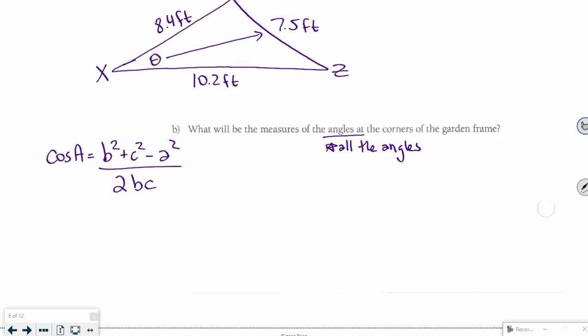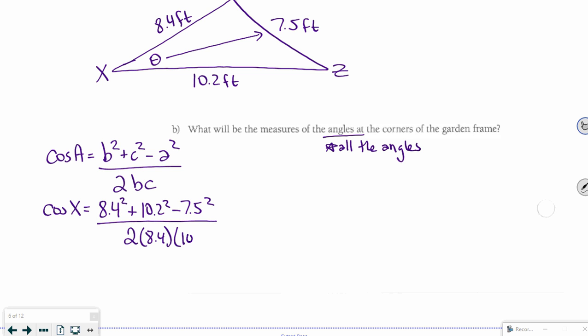I'm solving for angle X, so cos X equals, the only one that's important is my 7.5. It has to be at the end. So my 8.4 squared plus my 10.2 squared minus my 7.5 squared, all divided by 2 times 8.4 times 10.2.